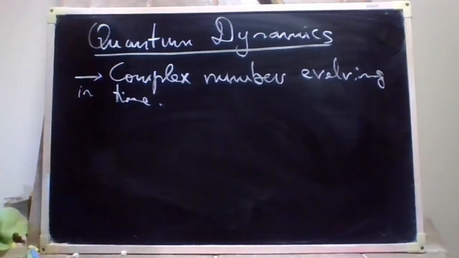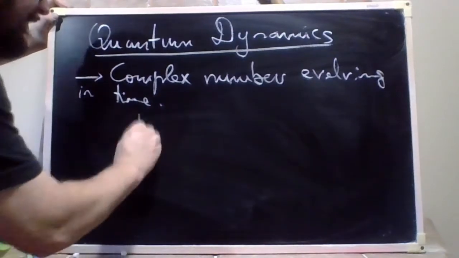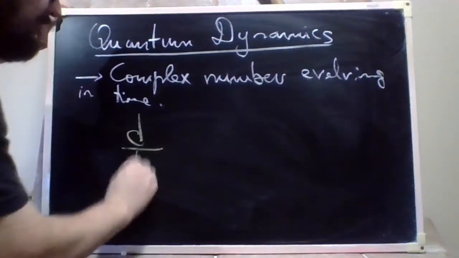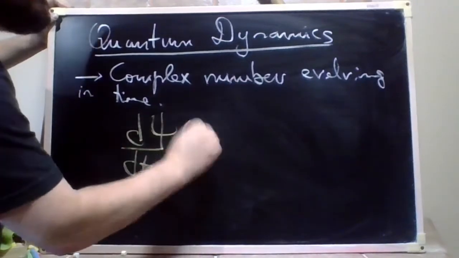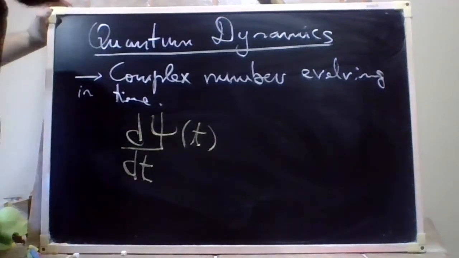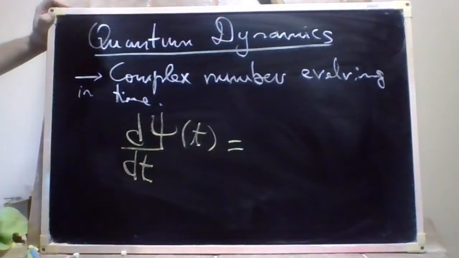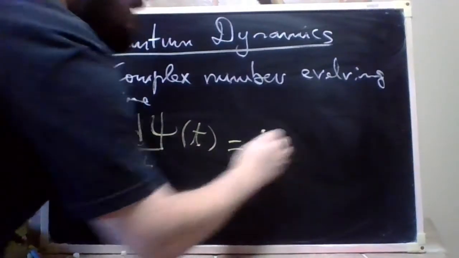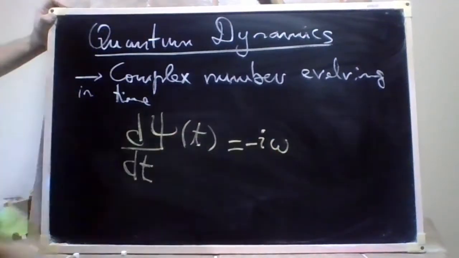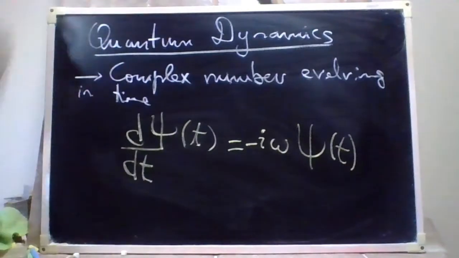Suppose you have an equation of the following form: a derivative with respect to time of a given complex number, which is just a function of time for the time being, right? And it is equal to minus i omega, I'll put a negative sign here, and it multiplies psi of the time t.